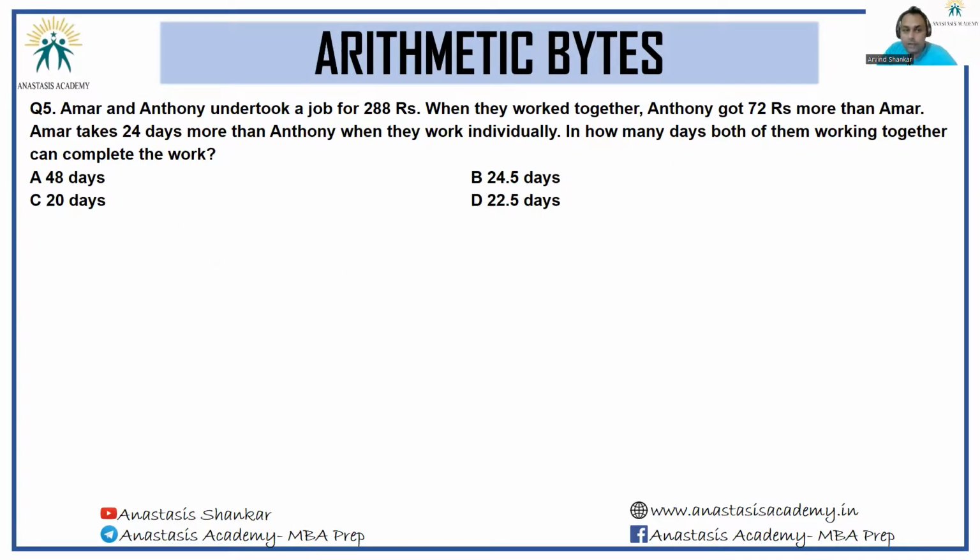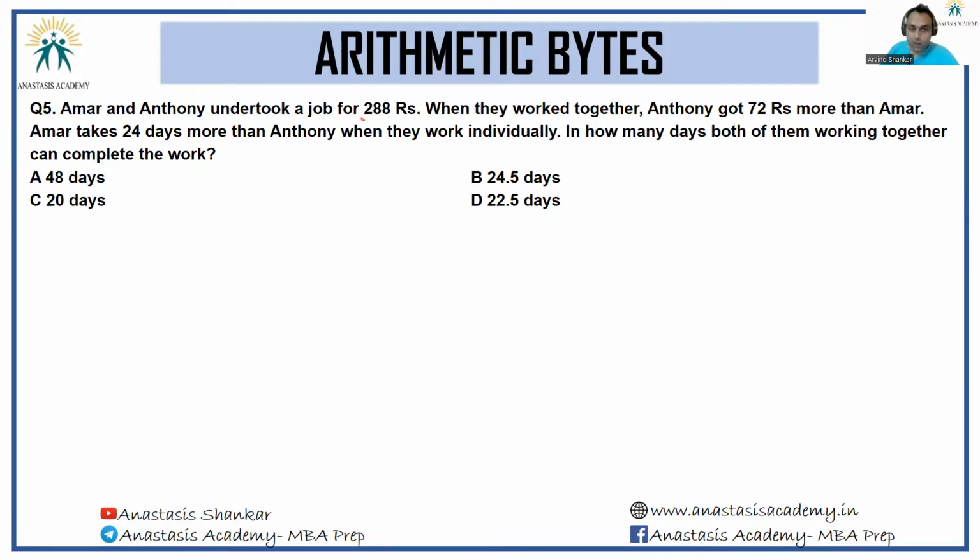Okay, Amar and Anthony took a job for 288 rupees. When they worked together, Anthony got 72 rupees more than Amar. Okay. Amar takes 24 days more than Anthony when they work individually. In how many days both of them working together can complete the work?